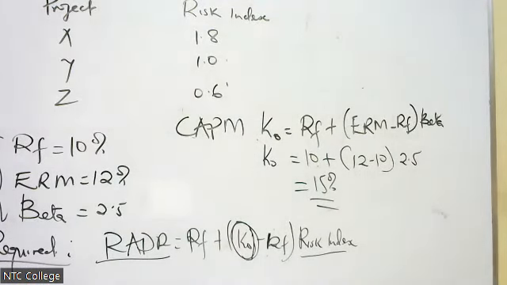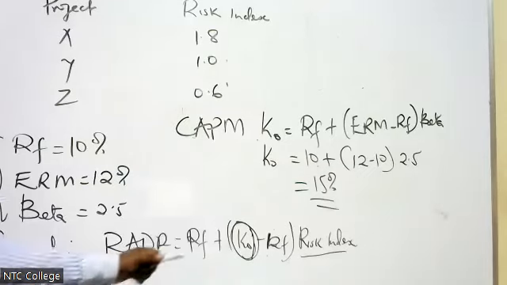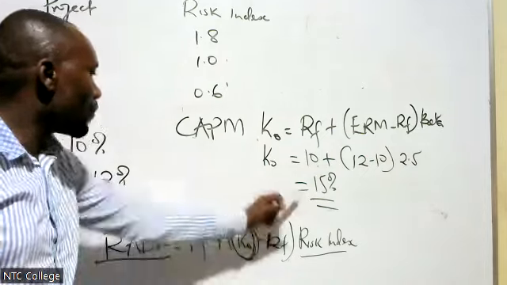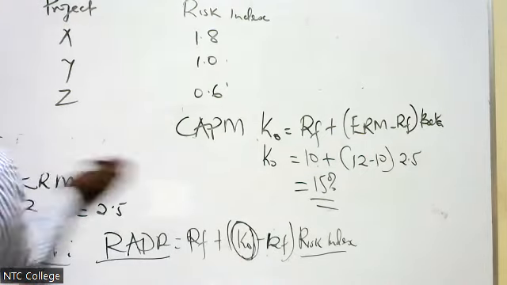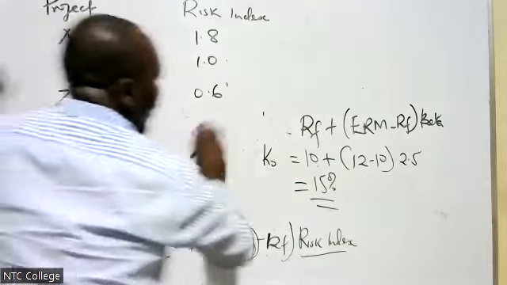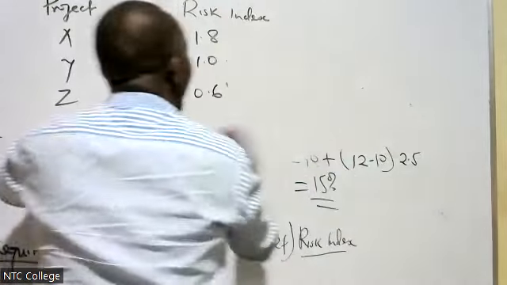Okay, thanks. Now, from here, you can replace this one for a respective project. Now that you know that KO is 15, this one is done. This information was only to help you get KO. Now that we know KO is 15, we can get our RAD for each project.